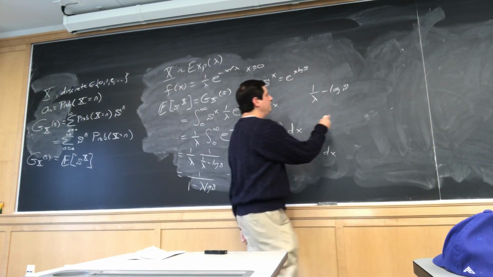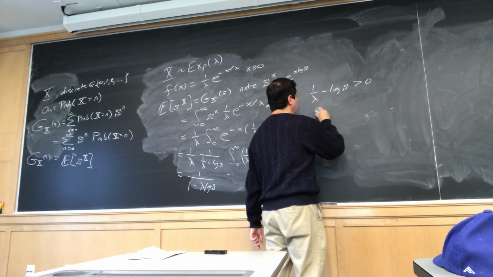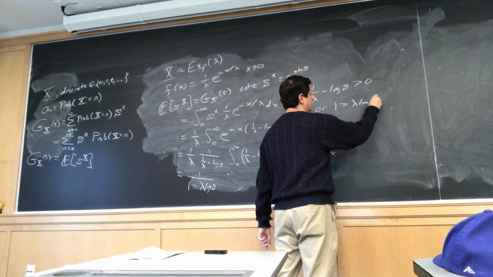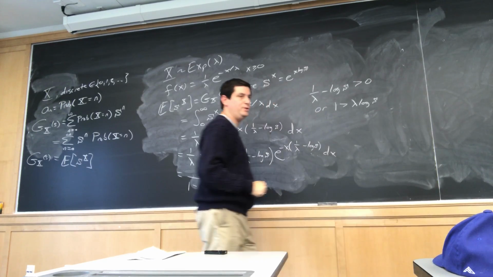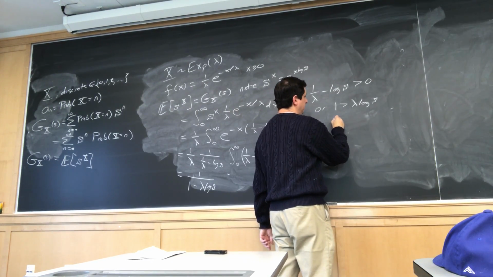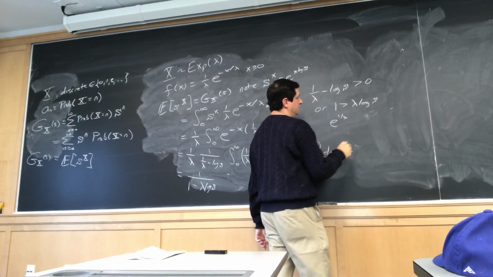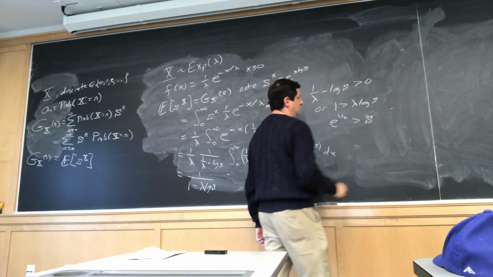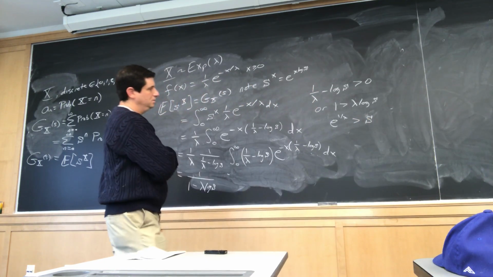So we need 1 over lambda minus log s to be greater than 0, or we need 1 to be greater than lambda log s. If we exponentiate, we get e to the 1 over lambda greater than s. Have I done things correctly?